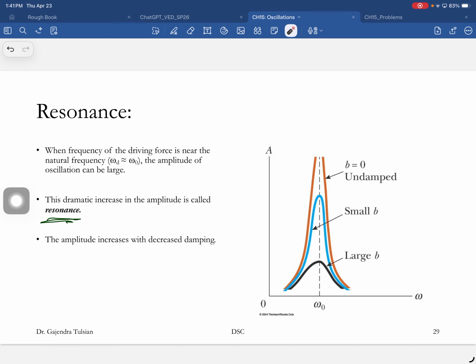Because you're pumping energy in at the right time, and you can build up the energy of the system. So you can get a child to swing with large amplitude by pumping energy at the right time. If you pump energy at random times, you can't set up large amplitude oscillations.